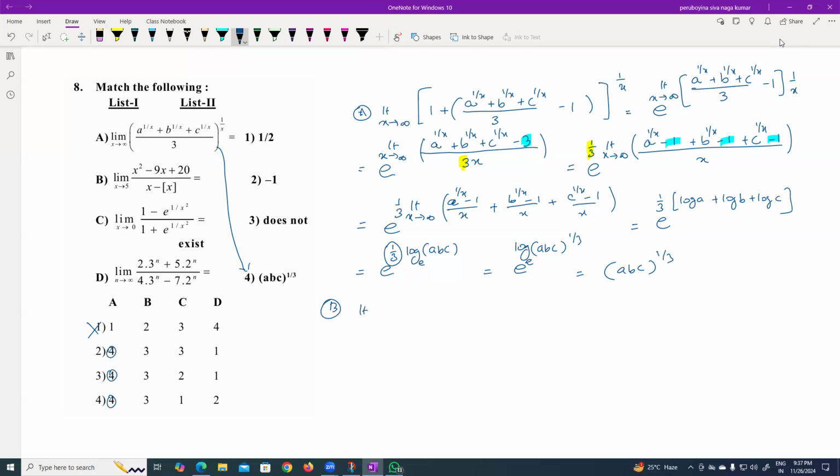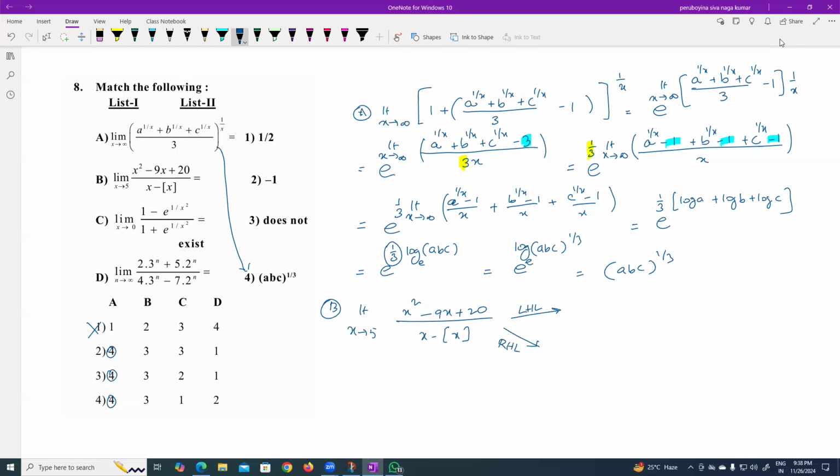There they said limit x tends to 5, x square minus 9x plus 20 divided by x minus step x. So if you see step x and other values, then you have to perform LHL and RHL. First we will perform LHL and then RHL.